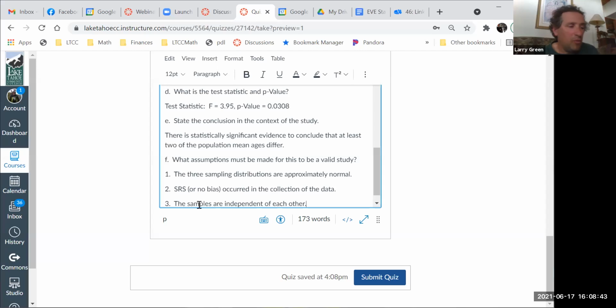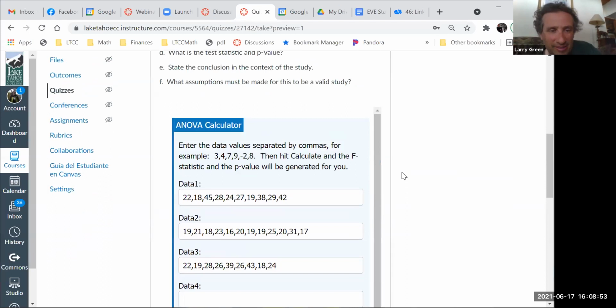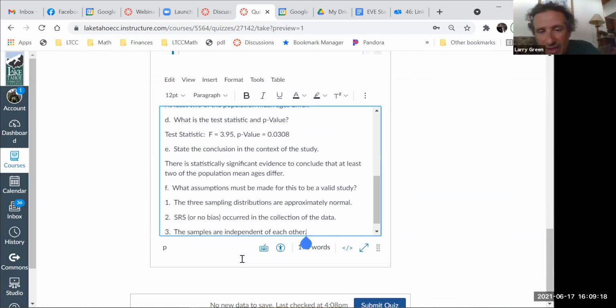Which is probably the case because there's no reason to think that this student in data 1 that was taking statistics, who's 22 years old, has anything to do with this student in data 2 who's taking calculus that's 19 years old, etc. So the independent one is almost certainly true. Any questions on that? It would actually be hard to make a dependent sample on this one. Okay, then there's some more.